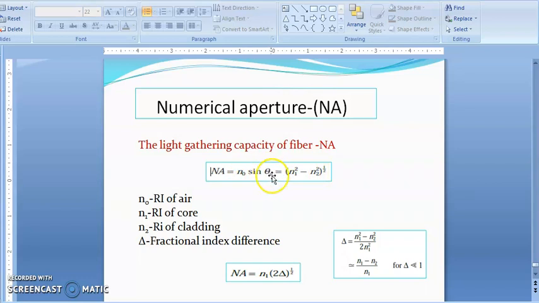This theta A is the acceptance angle. Then this can also be written as N1 into root of 2 delta. So what is delta? Fractional index difference. How is it calculated? N1 square minus N2 square by 2 N1 square, that is approximately equal to N1 minus N2 by N1. This delta value is very small, less than 1. This is called the numerical aperture.